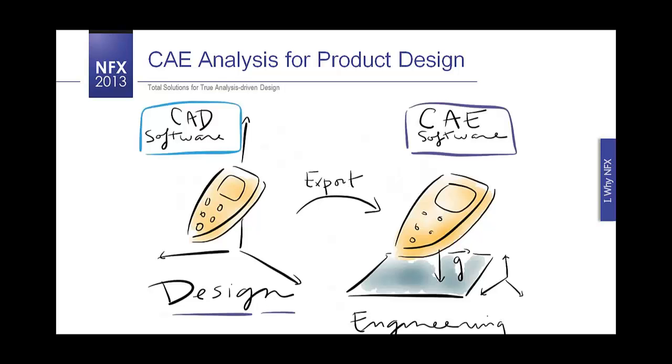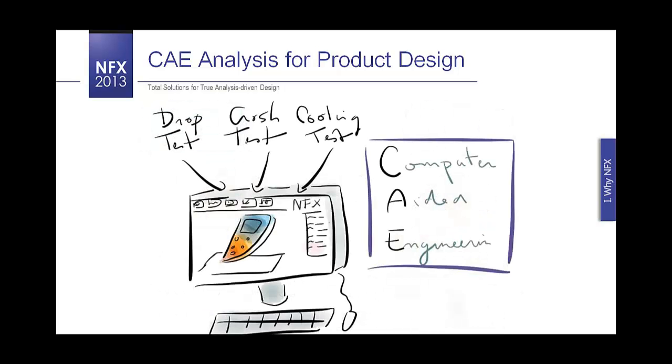And so CAD is the design part of the software, and CAE is the engineering part. After using CAD, the model is exported to CAE software to perform all kinds of tests. It can be drop test, crash test, cooling test, or everything you want. All that is performed in CAE.